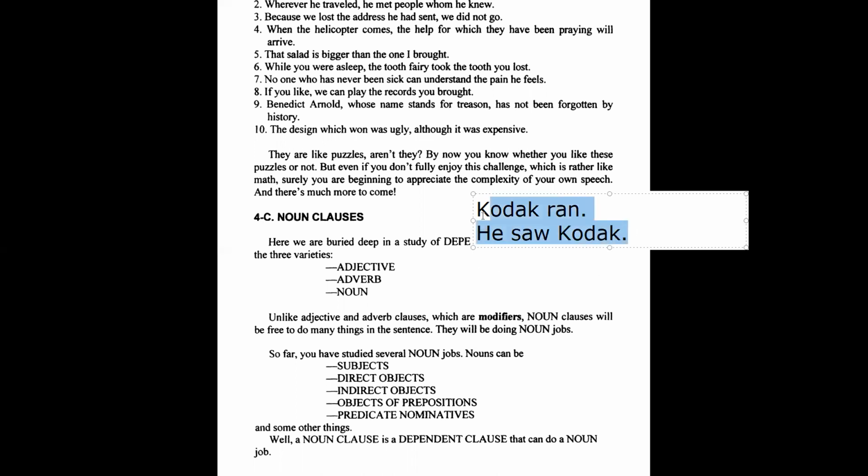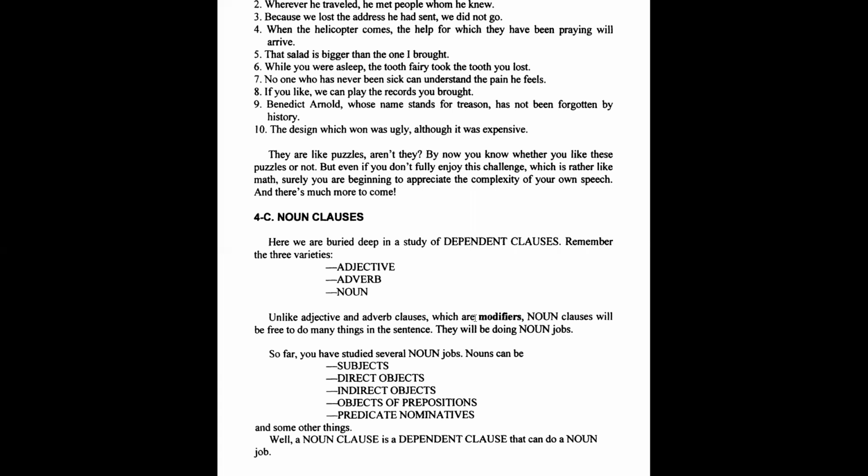So keep this in mind, that all we're going to be doing is replacing these single nouns with noun clauses, just like we replace single adjectives with adjective clauses, single adverbs with adverb clauses. So you already know how to diagram adjectives, adverbs, and nouns. Now all you're doing is just learning how to diagram a dependent clause that is a noun, which is just slightly different. So we have the adjective, adverb, and noun dependent clauses.